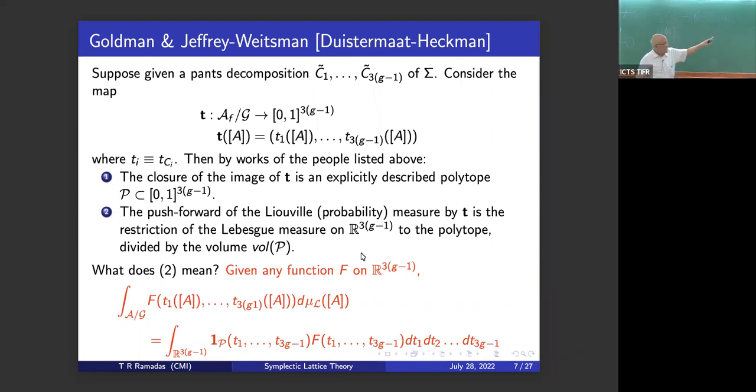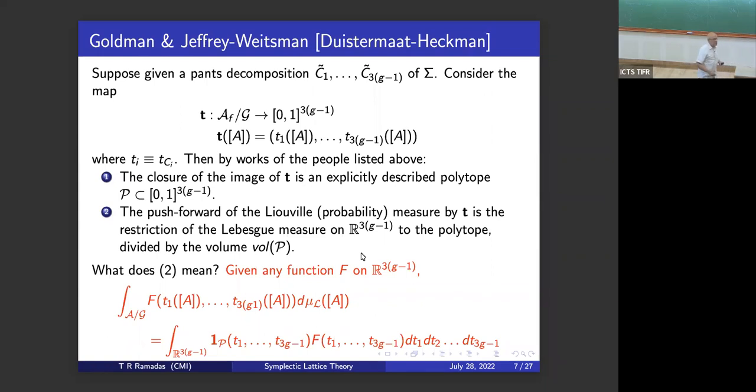So why have I put Duistermaat-Heckman within brackets here? This is a famous theorem of these two gentlemen, which says if you have a compact symplectic manifold and a symplectic action of a torus of half the dimension, then if you look at the moment map, the push forward of the Liouville measure has this property. The image by the moment map is a very explicitly described polytope, and the image of the measure is just the Lebesgue measure restricted to the polytope.